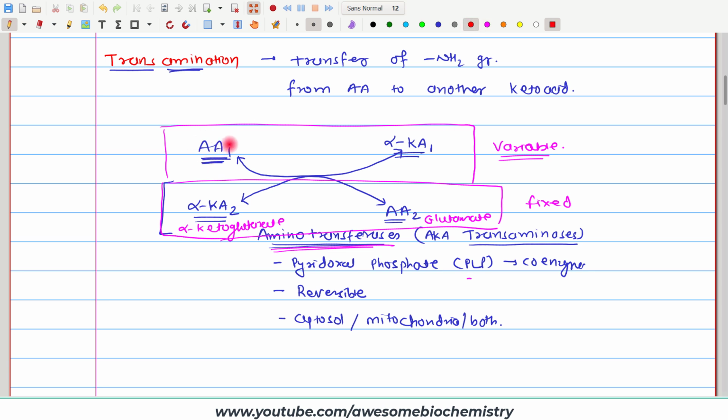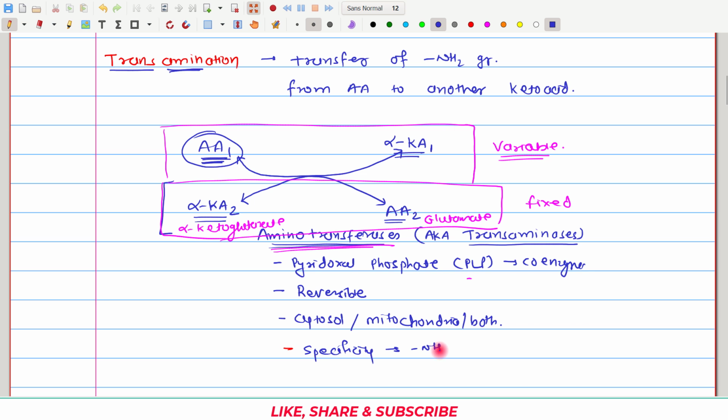Let us say if this is a glycine, we have a different transaminase enzyme. If this is a valine, we have a different transaminase enzyme, right. So, the specificity of all these aminotransferases lies not on this fixed part, rather it lies on this variable part. So, the specificity of various transaminases is determined by this amino acid which is donating the amino group, right.